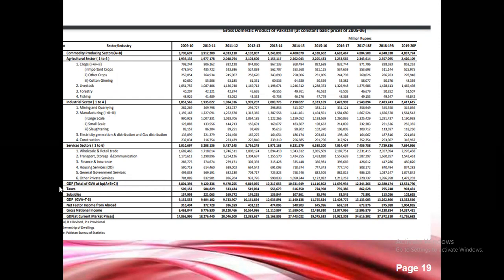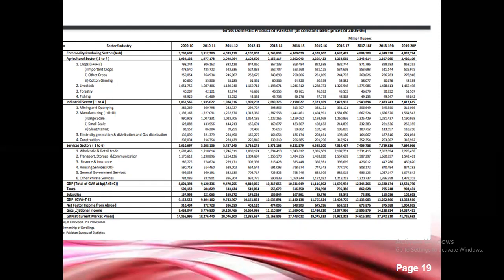Sorry, you will get the total GVA after adding A, B, and C. If you subtract subsidies from GVA and add taxes, you will get GDP.